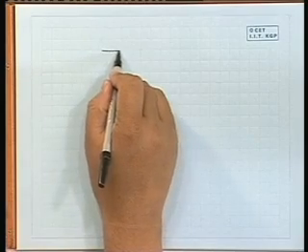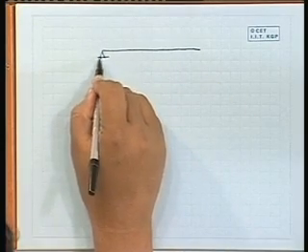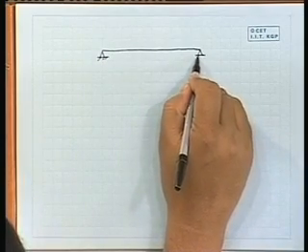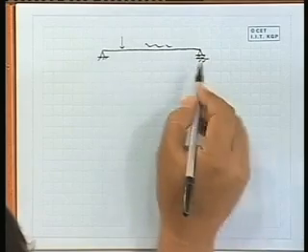So, the next step is the deflection part. If we draw the beam again and try to investigate what is happening with the deflection, it will be, as I told, under any loading.